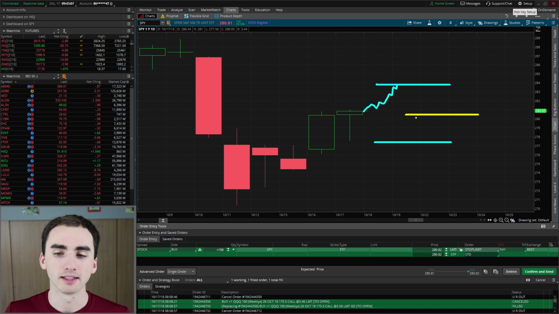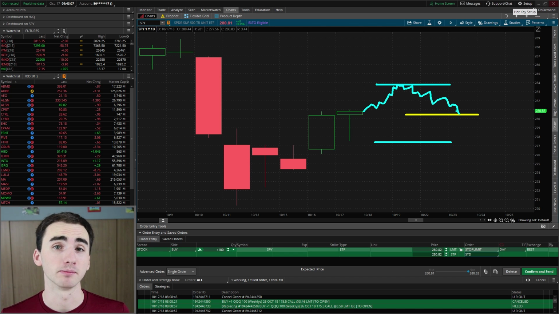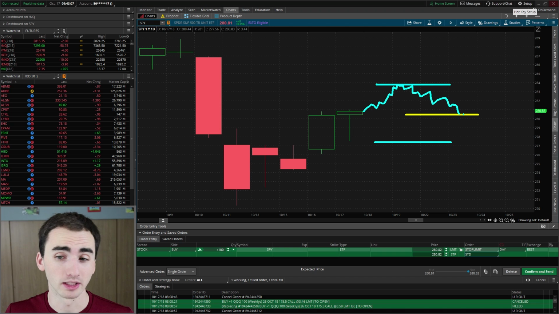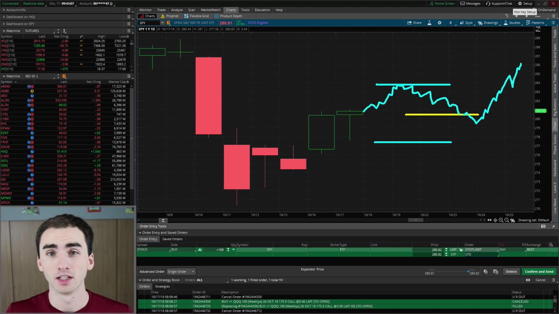So the idea is the market gets up to this level, you like the stock at that point, but you want to buy it at a lower price. You can wait for the market to come back down to this level, and then that's when you would actually buy it. And then hopefully the market would bounce off of this level, and then you would have a potential profitable trade from there.